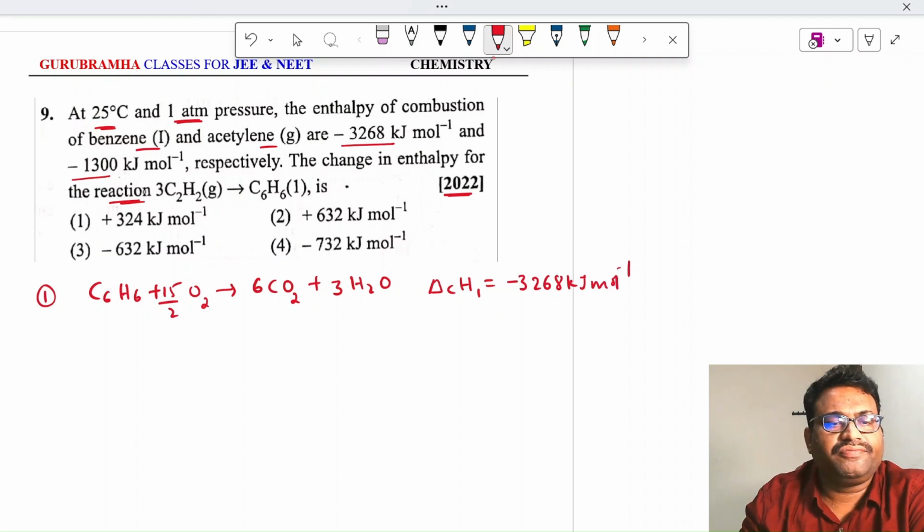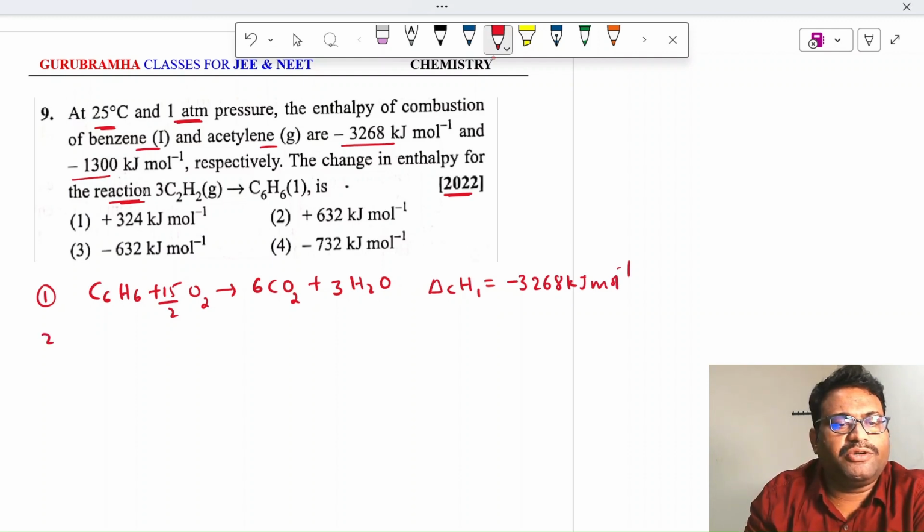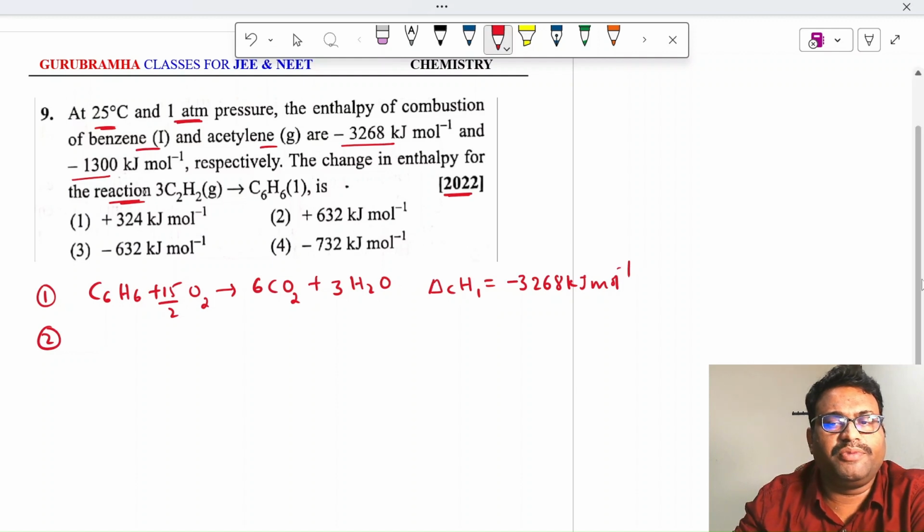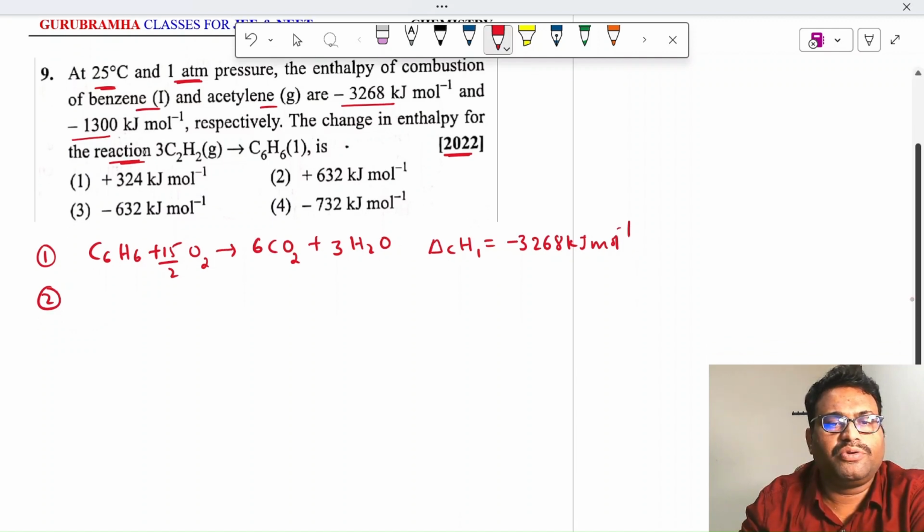Right? And reaction 2. So first of all, we should be able to write the equation for combustion. Here what is undergoing combustion? Benzene is undergoing combustion. And acetylene is also undergoing combustion. What is the formula of acetylene?